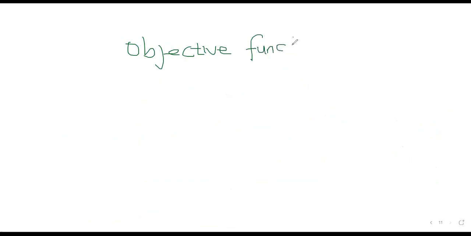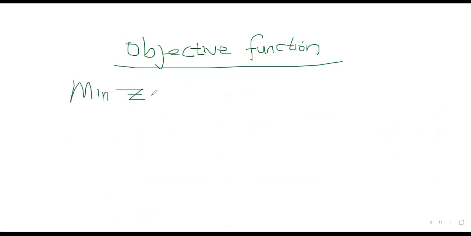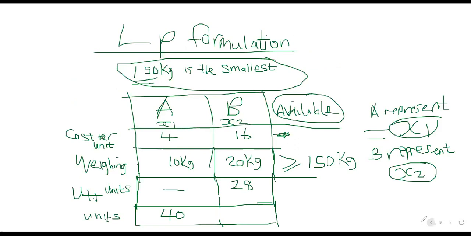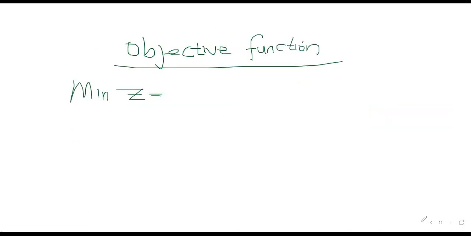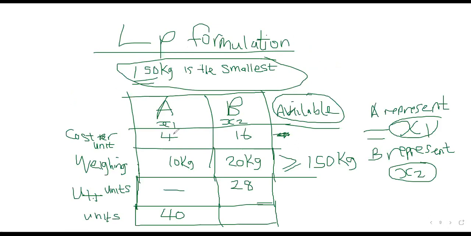And for this one, what we are simply saying is that it will be minimize Z equal to 4 multiplied by x1.